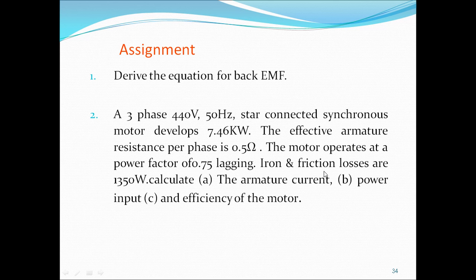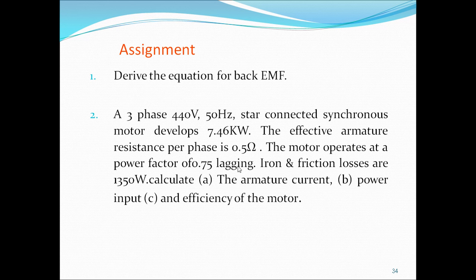Iron and friction losses are 1350. Calculate armature current, power input, and efficiency. This is the same method as we did for the third problem. The same steps we have to follow for this problem also.